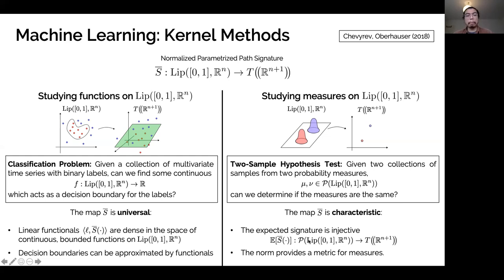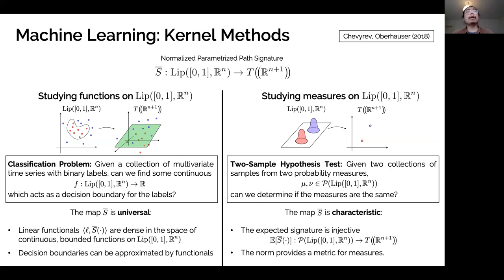And so going back to these two properties of monomials that I talked about earlier on, that these monomials can approximate functions and characterize measures, we find that the path signature actually has these two properties. And in particular, these are extremely useful properties for studying both functions and measures in machine learning.